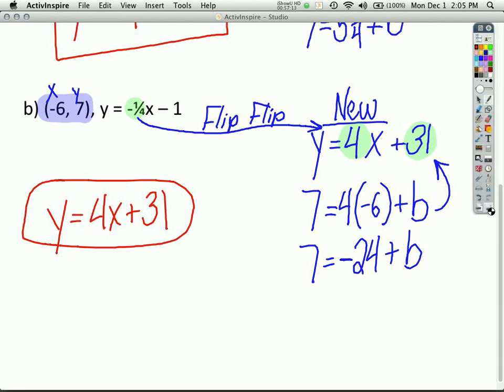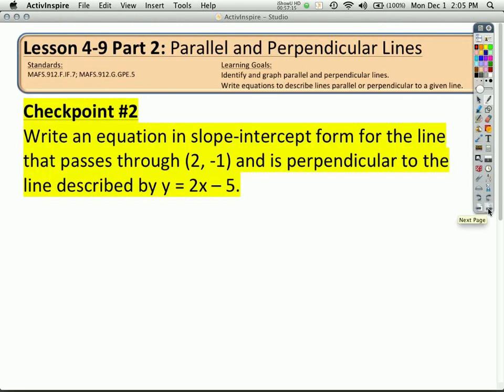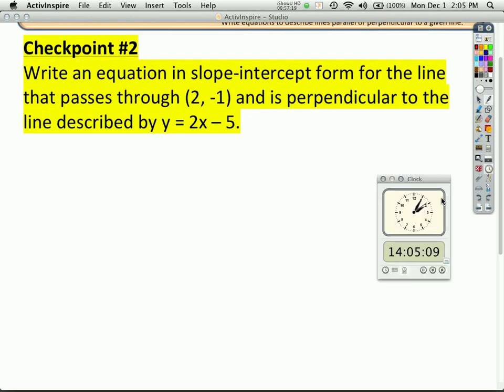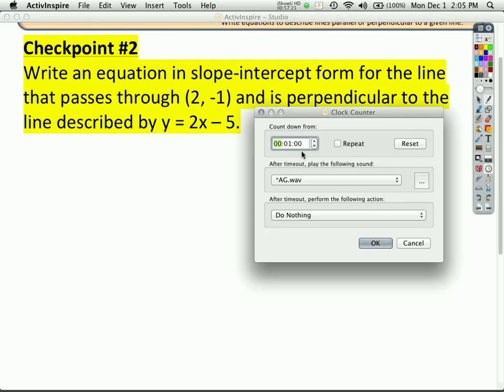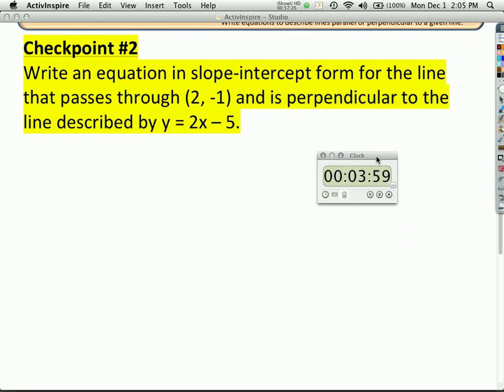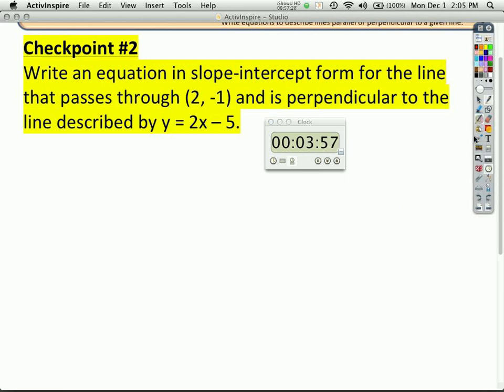All right? Let's see how you do on your own. Checkpoint number 2. A little bit of thought involved. You got 5 minutes on the clock. Now let's go with 4 minutes on the clock. Bless you. Let's do. All right.